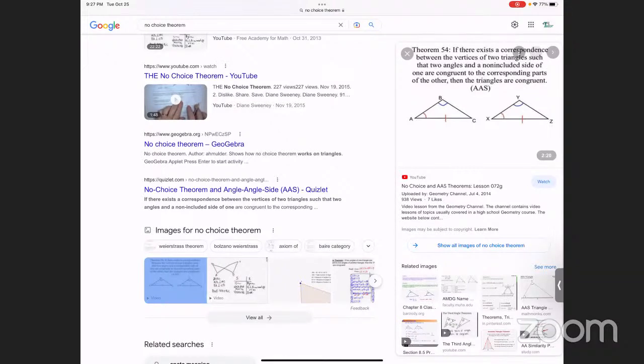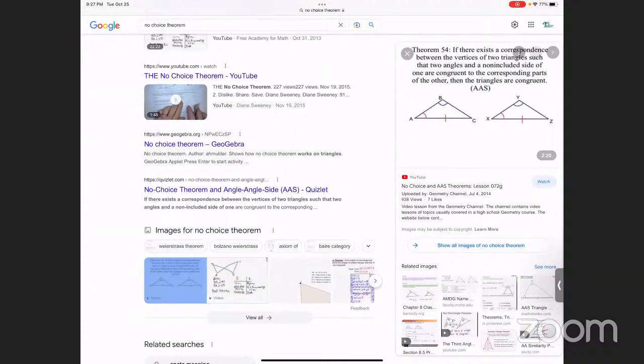Do you see that theorem 54 in the upper right up here? Yeah. It's the correspondence between the vertices of two triangles such that two angles and a non-included side are congruent to the corresponding parts of the other, then the triangles are congruent. That's just angle. See, this is a side angle or angle side.